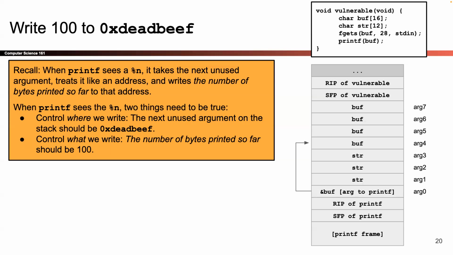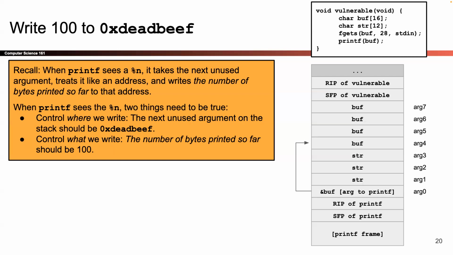Whatever address it finds had better be this address because that's where I want to write stuff. So I have to juggle and make sure that the location that I'm writing is what printf receives when the %n hits. So when the %n hits, I go on the stack, and the next thing that I haven't used had better be deadbeef so that I can go to that address and write something.